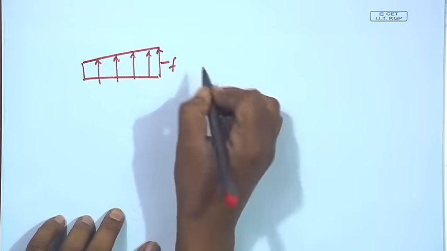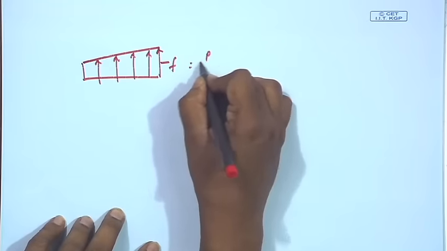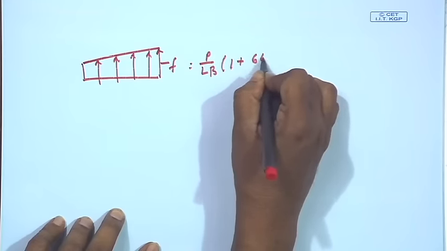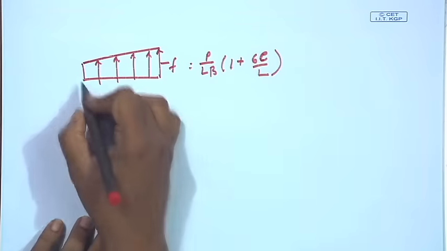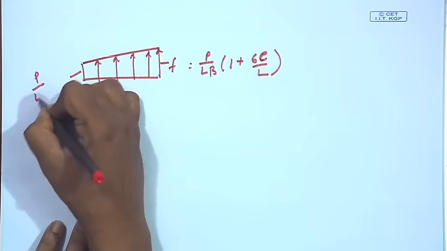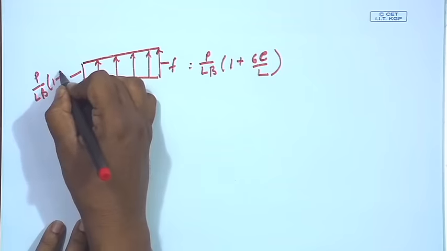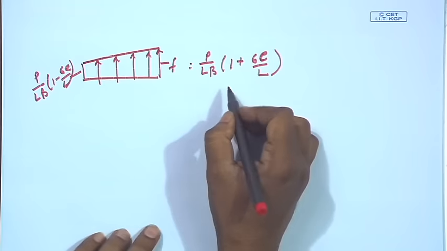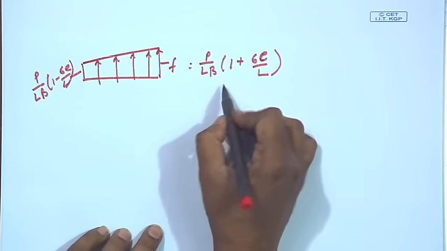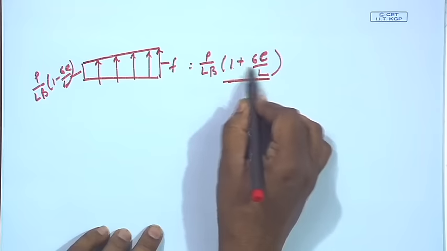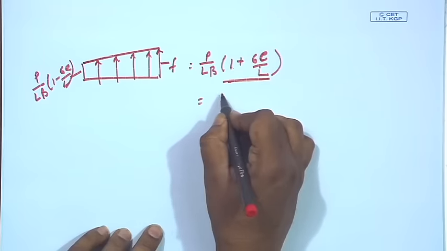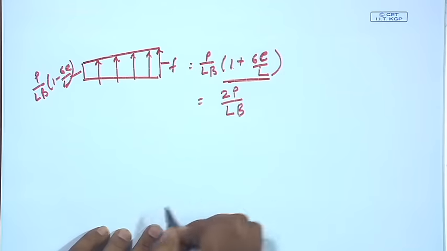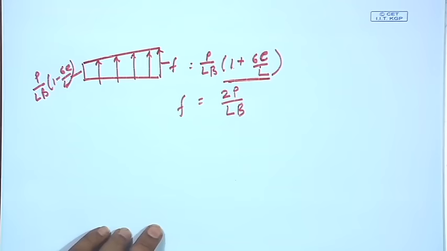If this is F, we know this will be P by L B into 1 plus 6 E by L, and this is P by L B into 1 minus 6 E by L. If we consider the maximum one, then it will be 1 plus 1, that is 2 P by L B. So, F will be 2 P by L B.